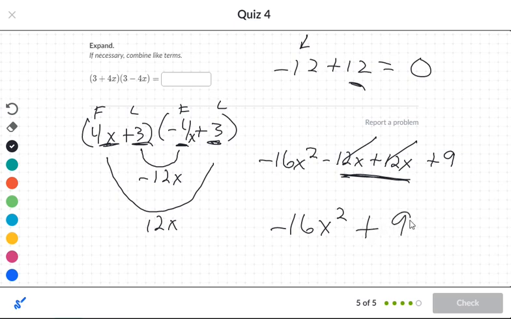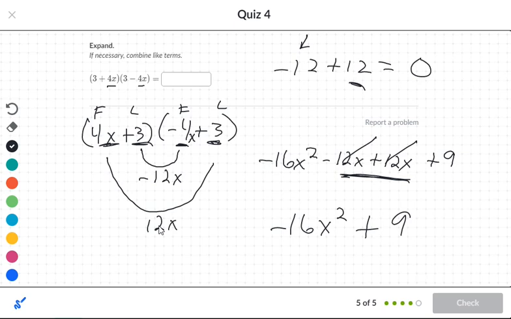Now let's take a look at the original problem and see, were the last terms opposite to each other? Well, the first terms are the same, but the last terms are opposite. If the last terms are opposite, so you've got a positive 4x and a negative 4x, that means your middle terms are going to be opposite. So again, the parentheses are not the same.